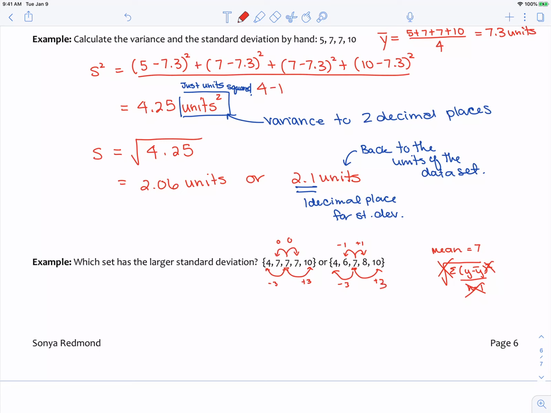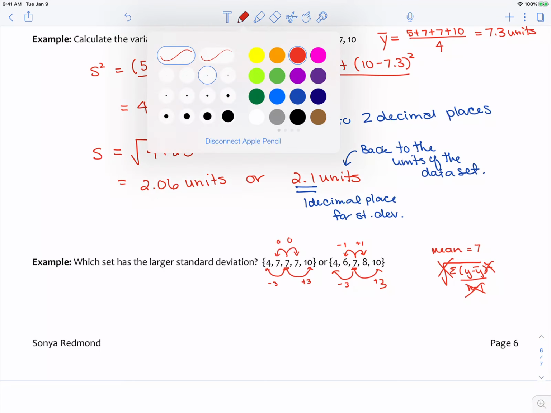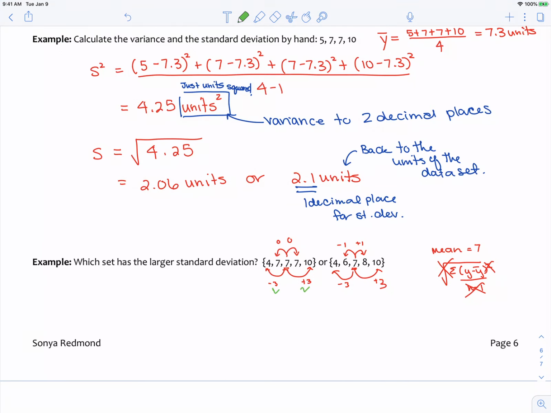And so in terms of the calculation, we have similar values here, right? Those remain the same, but instead of having a 0 difference between our mean and data values in this first set, we now have a difference of 1 from that mean in this other data set.